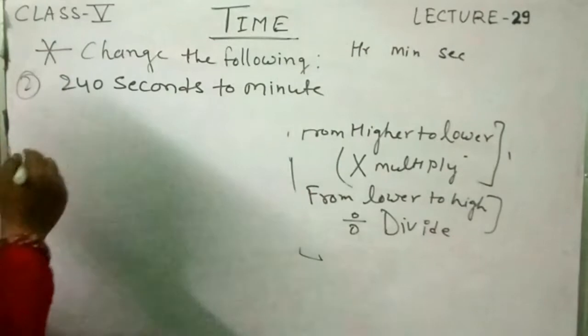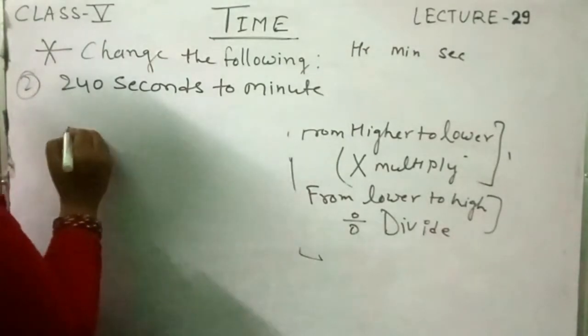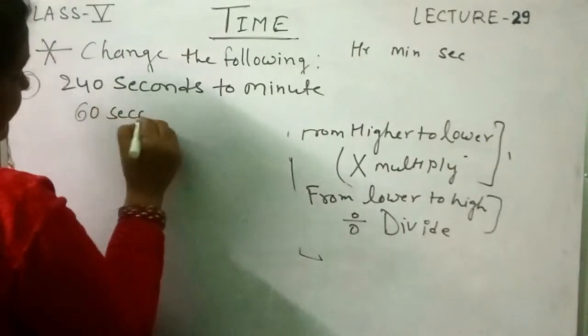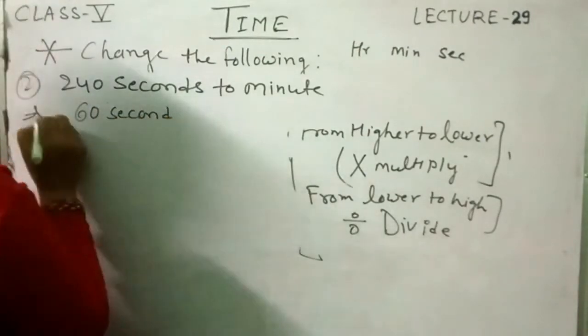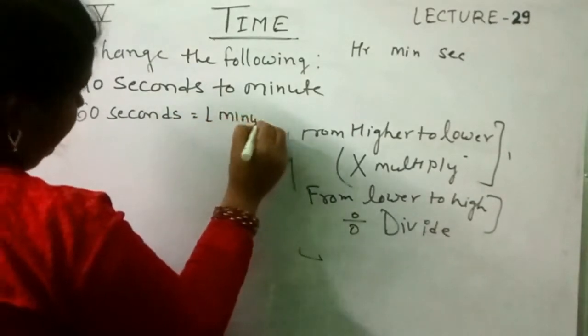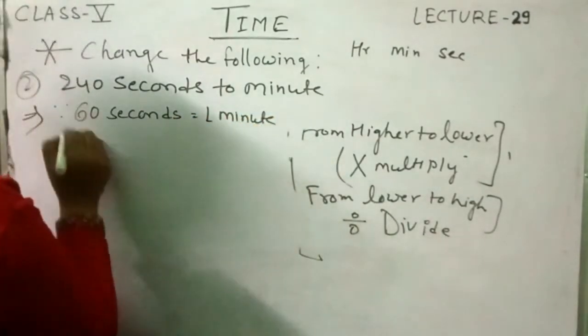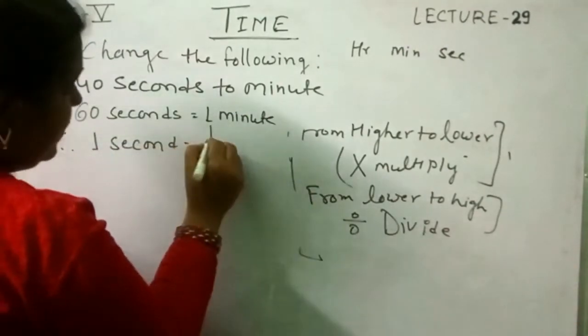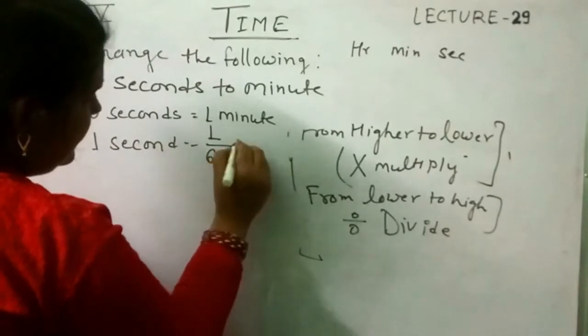Okay. So see here, first you write 60 seconds is equal to 1 minute. Then 1 second is equal to 1 by 60 minute.